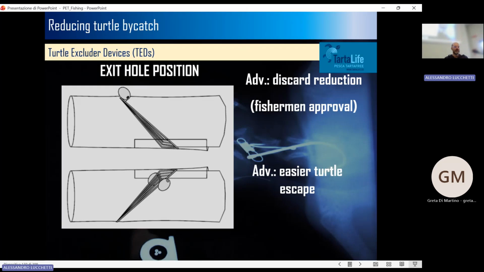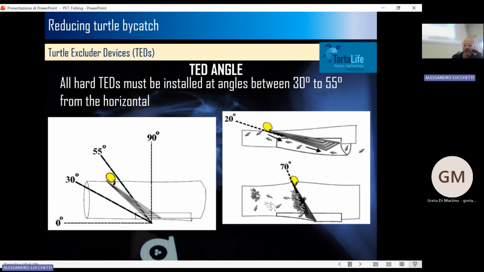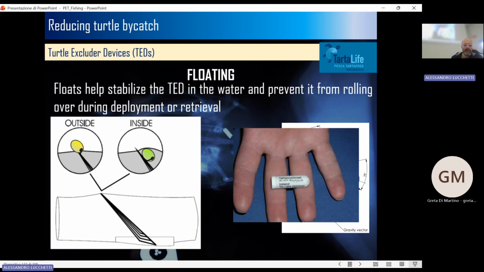There are several different technical details, such as the angle of the grid. You have to arrange everything in a perfect way, otherwise you have economic loss. That's why we measure this angle.